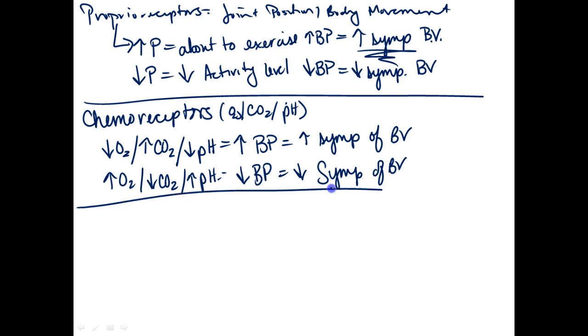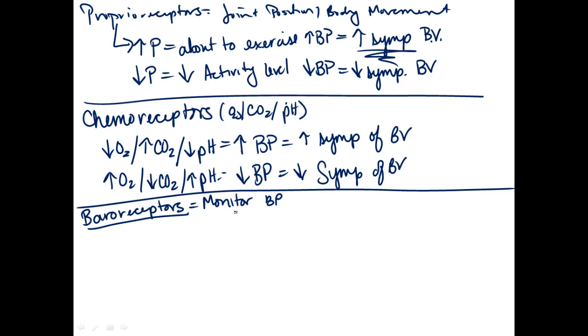Last but not least, we have the obvious one that's going to be regulating blood pressure and blood vessel diameter most frequently, which is your baroreceptors. Your baroreceptors are the receptors that directly monitor blood pressure. Now, you have only one type of baroreceptor.